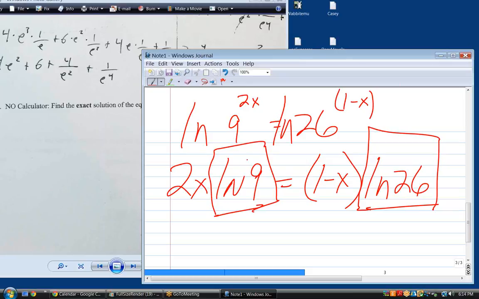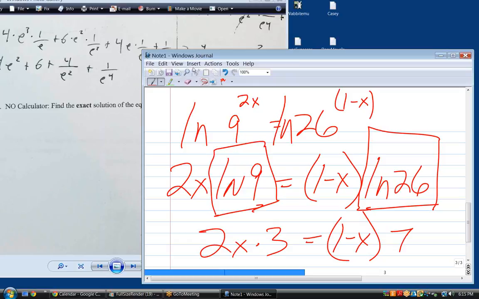In other words, if I substitute the number 3 for that, then I have 2x times 3 equals 1 minus x times, let's call that 7. Now it's real easy to solve. You solve it the same way by distributing this natural log of 26 to both of these terms, and then gathering all the terms with x on them on one side, all the terms with numbers on the other, and just use your straight algebraic solution.